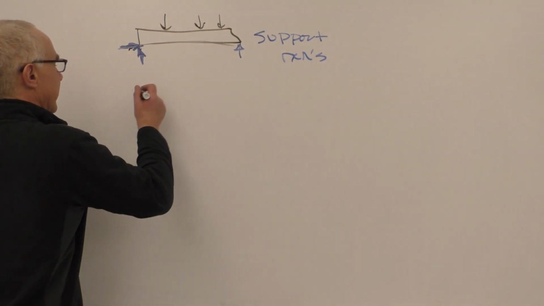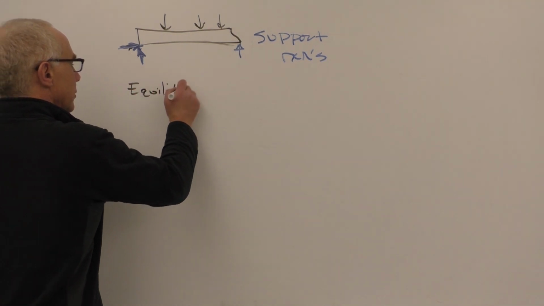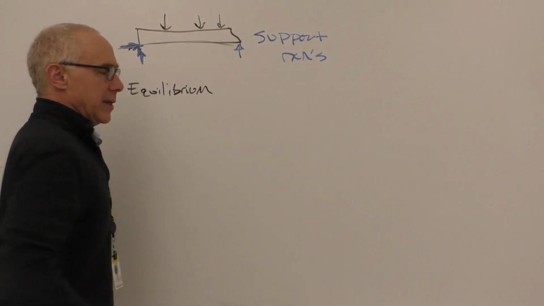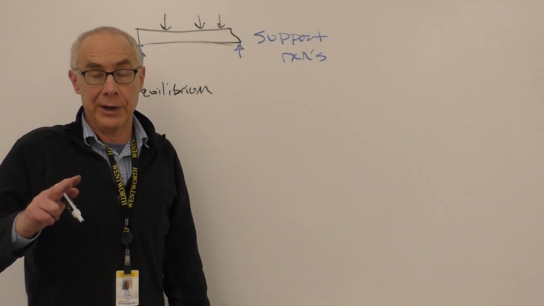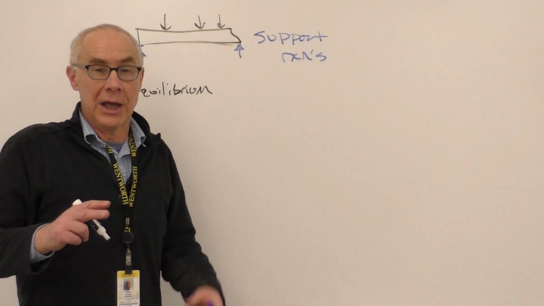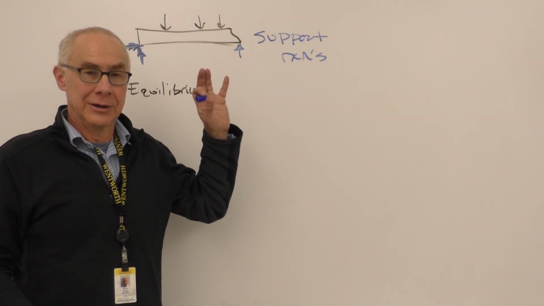So we're going to talk about the system being in equilibrium. And if a system's in equilibrium, either it's not moving or it's not accelerating. It's moving at a constant velocity. And for our type of problems, we're always dealing with systems that are essentially not moving.